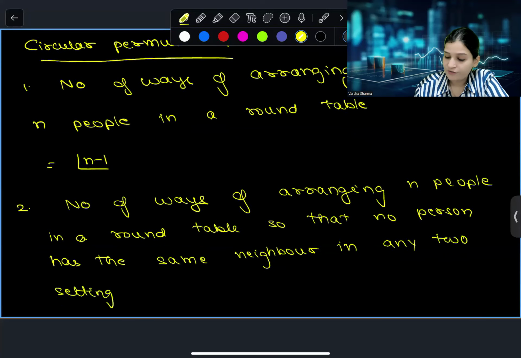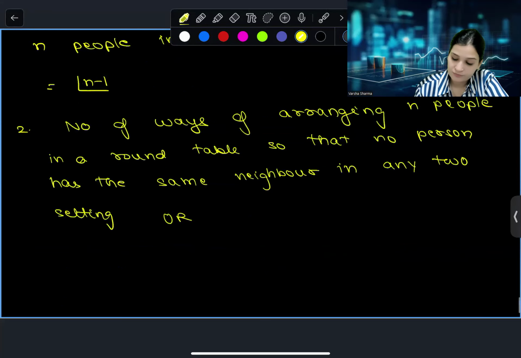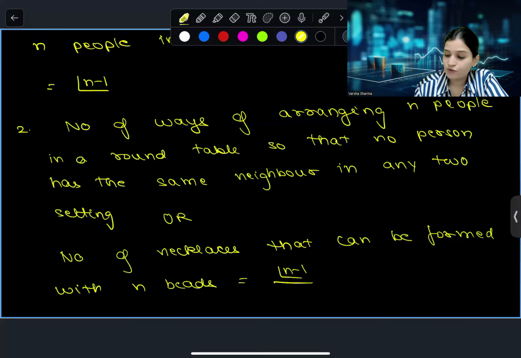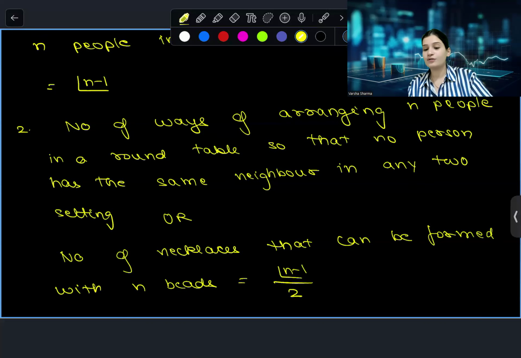Or the very famous necklace question. Necklace is always round. Number of necklaces that can be formed with n beads will be factorial n minus 1 divided by 2. Half of the total answer. So this thing will be specifically mentioned.